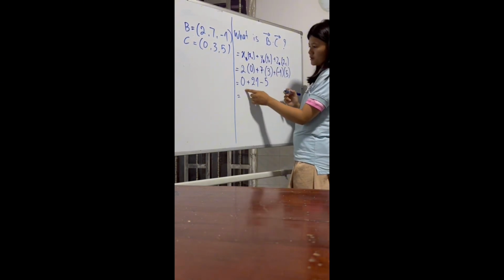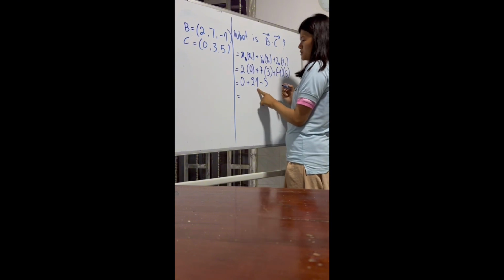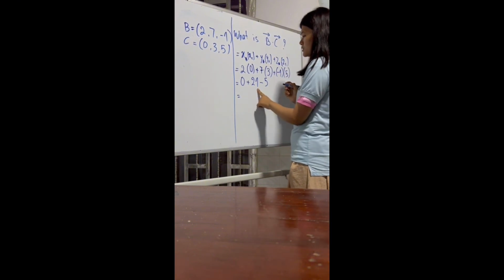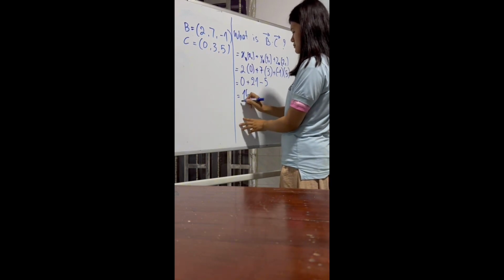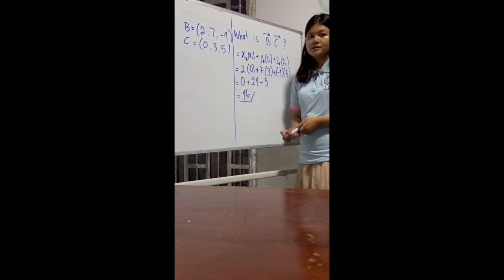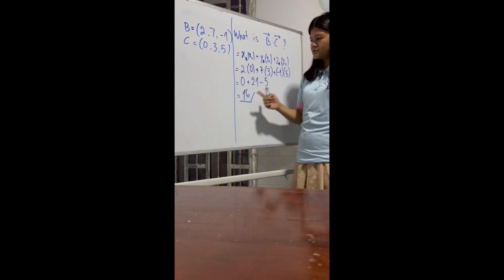So we calculated 0 plus 21 is 21. 21 minus 5 is 16. So the answer is 16.